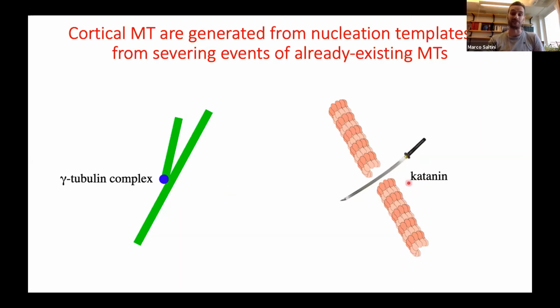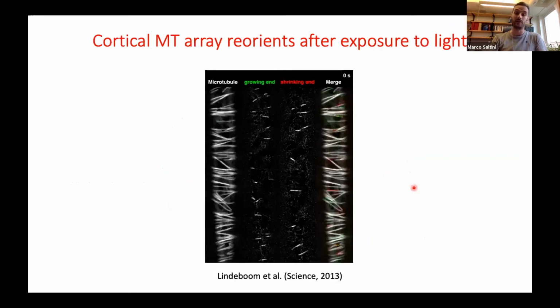Katanin has been identified as one of the proteins that can sever microtubules, and by severing one microtubule, we basically end up with one more microtubule. So it is a process that results in the effective generation of a new polymer. Now, this second mode of generation of a new microtubule has been revealed to be responsible for the rapid reorientation of the cortical microtubule array.